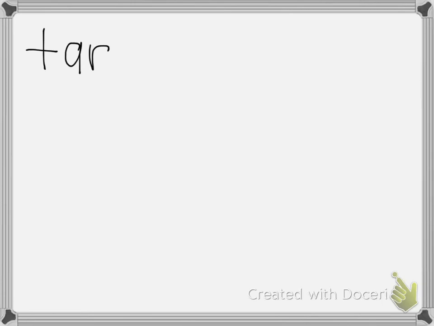Tar, it rhymes with far and car. Now, what letters are going to give you the sound in the word get? Get. G, g, g, eh, T. Okay? Tar, get.